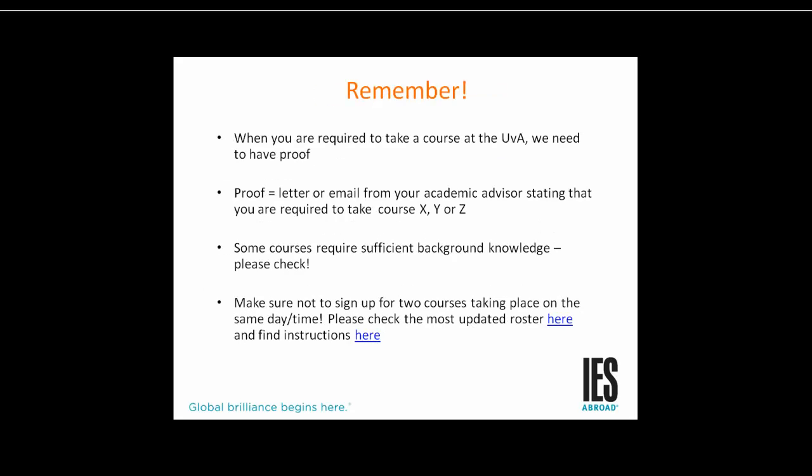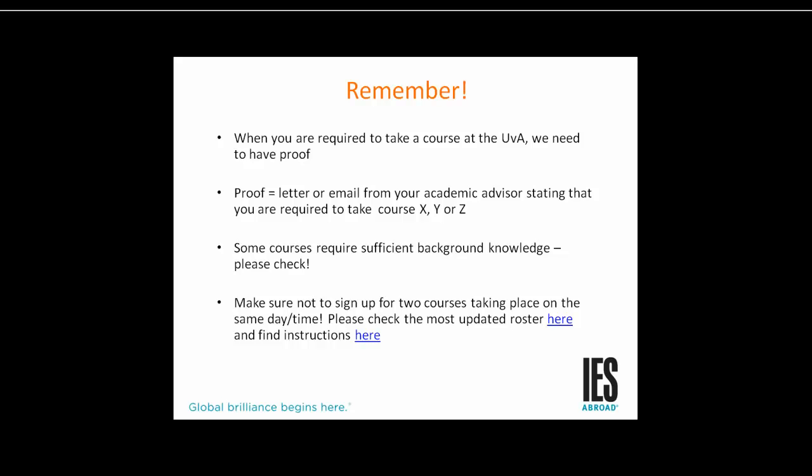This is a lot of information. We realize it. So here are a few highlights on what you need to remember. If you are required to take a course at the University of Amsterdam, we need to have proof from your academic advisor. So email that or send in a letter. Some courses require background knowledge.